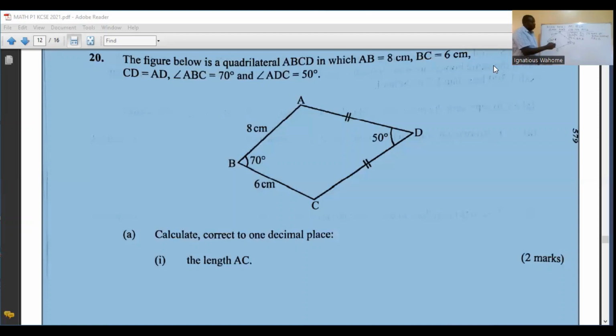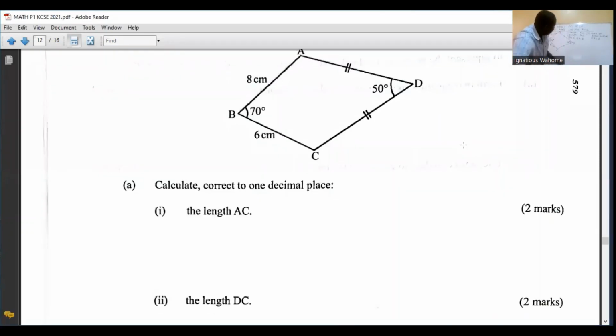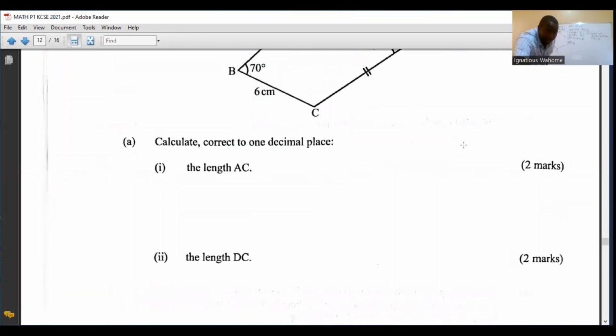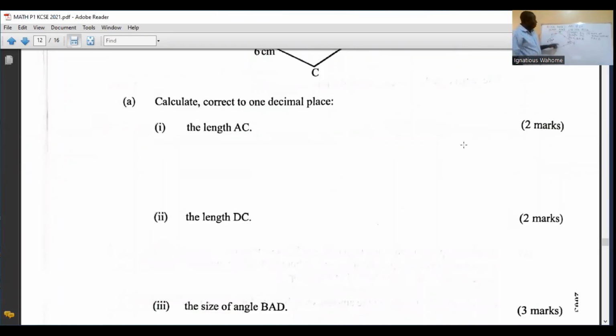Question number 2: calculate the length of DC. And then question number 3: you are calculating the size of angle BAD.